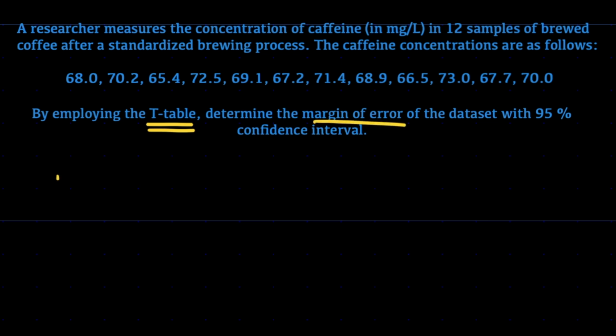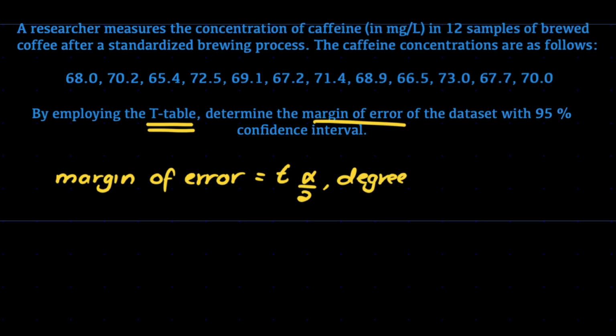The margin of error is equivalent to t of alpha divided by 2 with the degree of freedom, times the standard deviation divided by the square root of n, which is the number of samples. So what is alpha? Alpha is 1 minus the confidence interval.